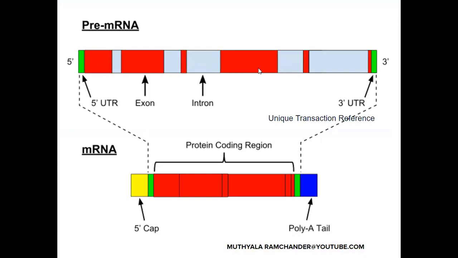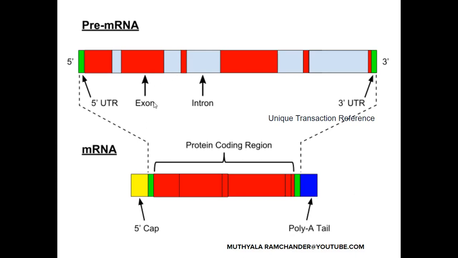Pre-mRNA has a 5 prime end and a 3 prime end. Between these two ends, two important portions are identified in pre-mRNA, or heterogeneous mRNA: exons and introns.